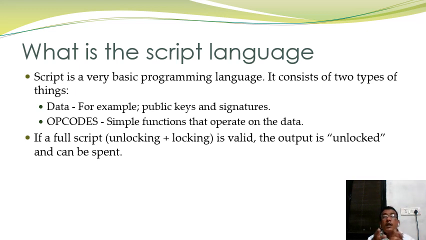So if a full script is valid, if the script has both locking and unlocking script, then the output is unlocked, and that output can be spent. How the output can be spent, we have seen in the previous session. The output is spent by the inputs.